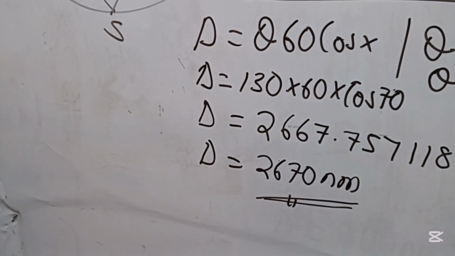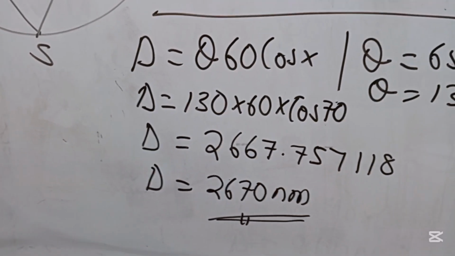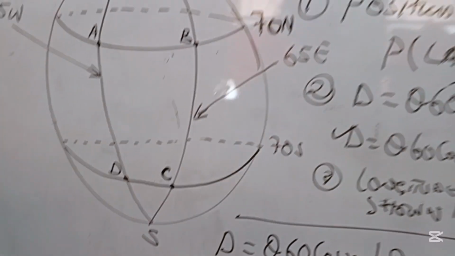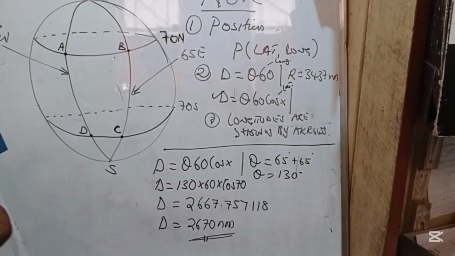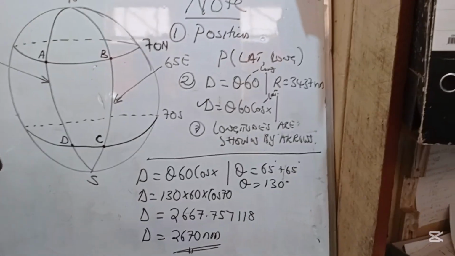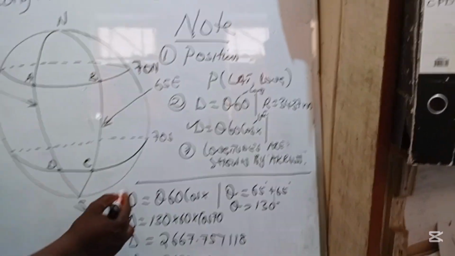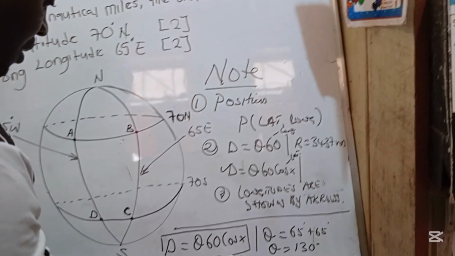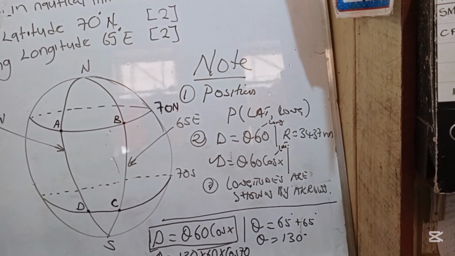So ladies and gentlemen, what is important is to establish that it is along the latitude. Since it is along the latitude, we are going to use this formula. The formula is D equals theta times 60 times cos x.